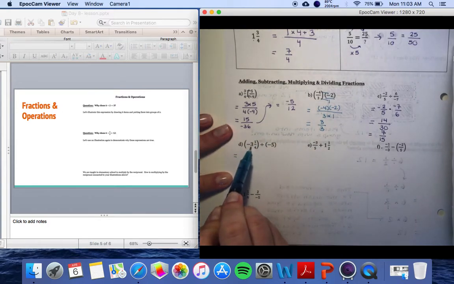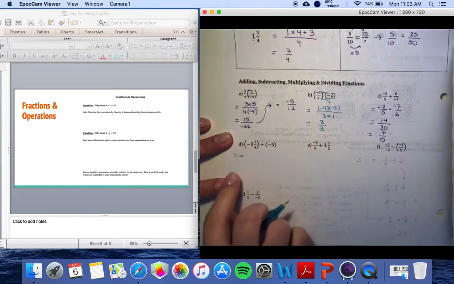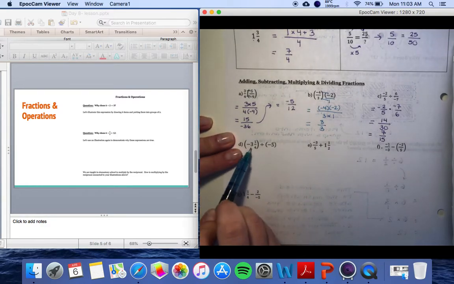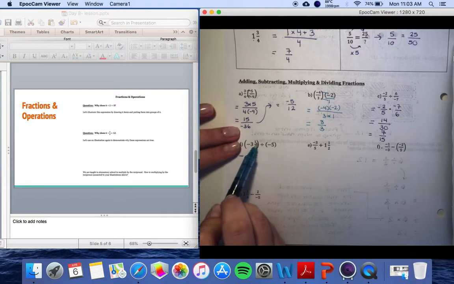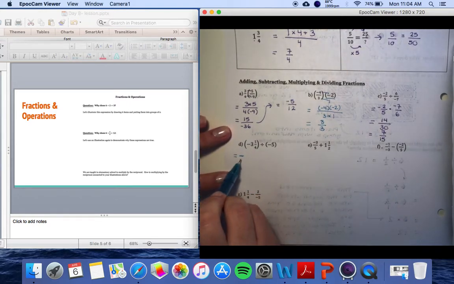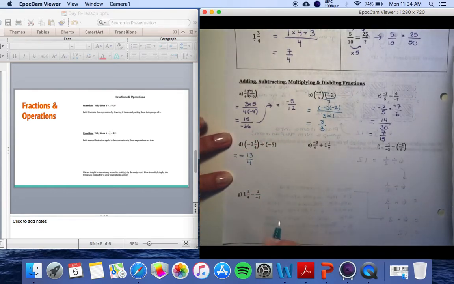When we are converting to an improper fraction, what you want to do is just leave the negative in front of the fraction for now. Forget that it exists. You are only going to be working with strictly the numbers. So 3 times 4, that's 12, plus 1, that's 13. So our fraction is now just going to be -13 over 4.